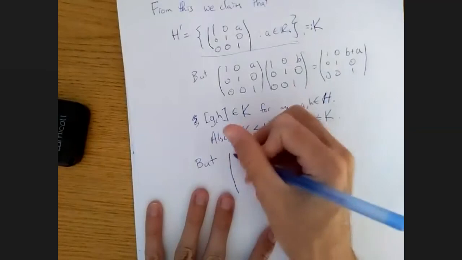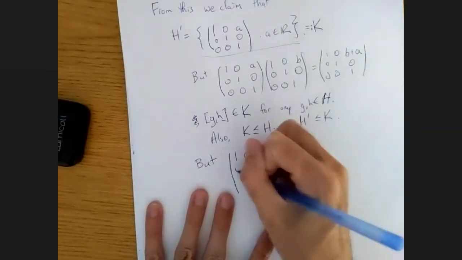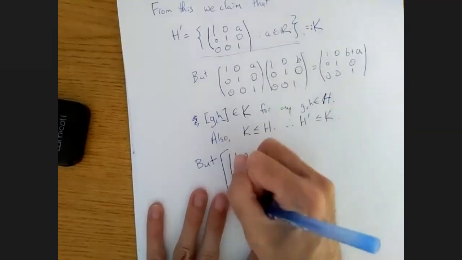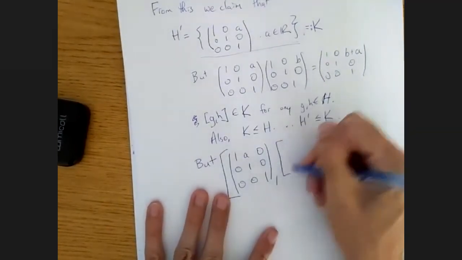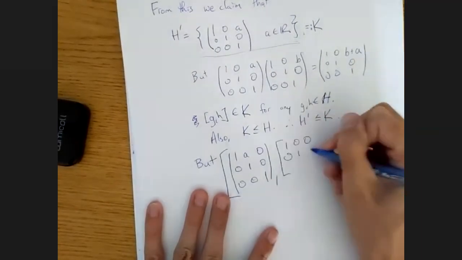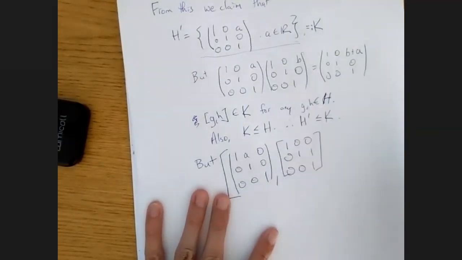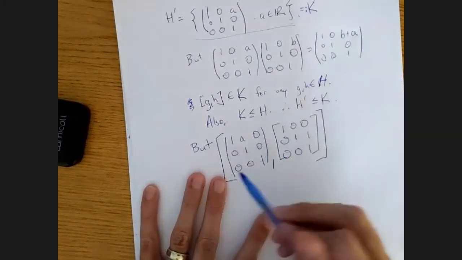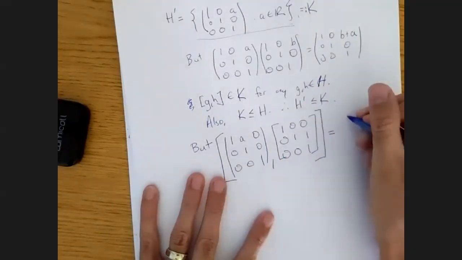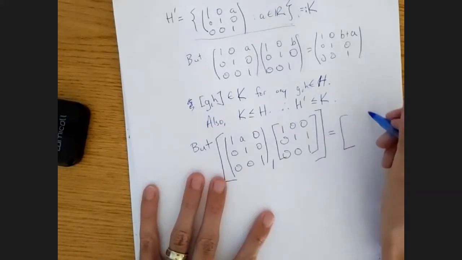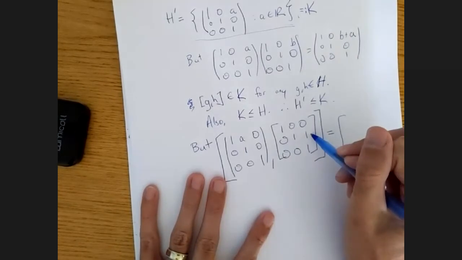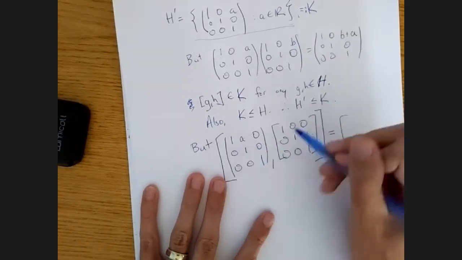If I look at the matrix 1, A, 0, 0, 1, 0, 0, 0, 1, and take the commutator of that with this matrix, my formula says that this should be the matrix where the top right thing is this times this minus this times this.